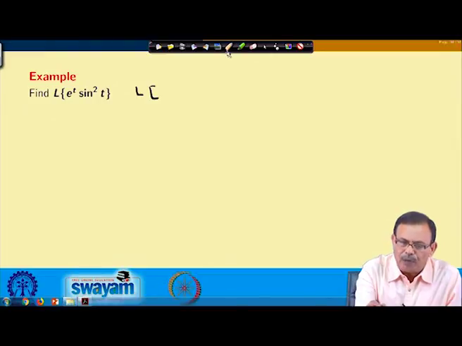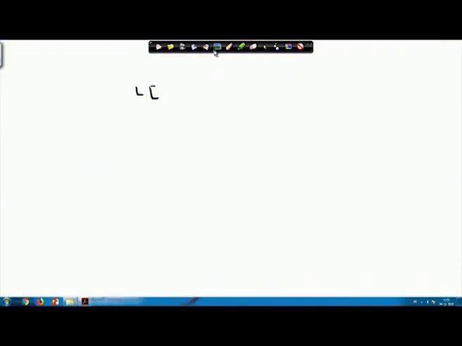So, the Laplace transform of sin square t, using trigonometry I can break it as half into (1 minus cos 2t). I know the Laplace transform of 1, and I know the Laplace transform of cos at, so I can find it easily.